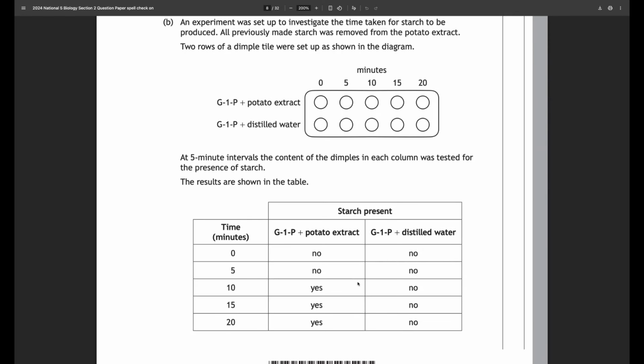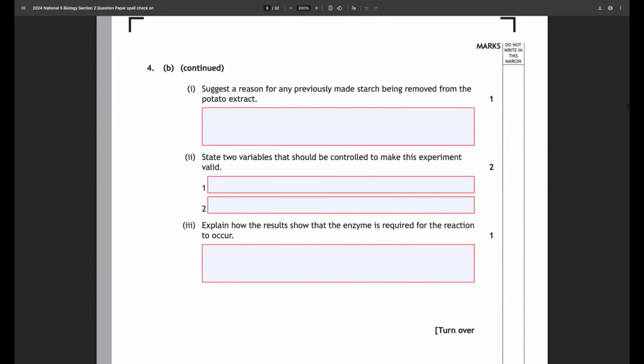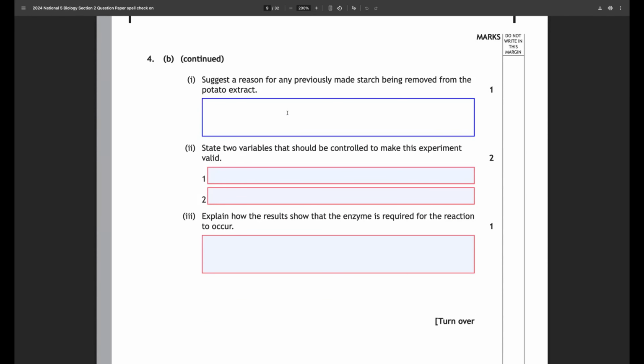So the reaction's taking place because starch is our product. And the G1P plus distilled water shows no change, no starch is present. So therefore, no reaction has taken place. Now, we've done all that analysis before we've even got to the questions, because it's important to understand what's happening in the experiment, because it will make answering the questions a bit easier.